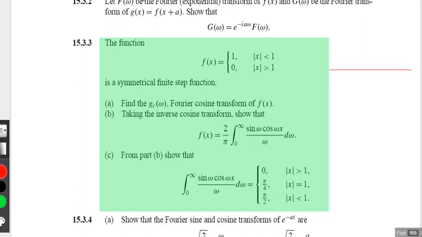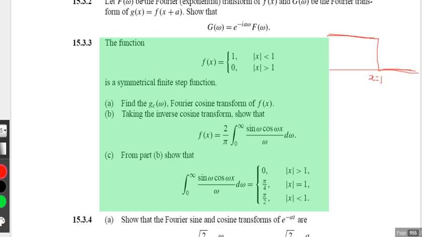Then f of x is equal to 1 if mod x is less than 1. That means at this point f of x is 1, and at x equal to 1, after this point the function is 0. So if you plot the curve, then the curve will be like this. So this is a symmetric finite step function.